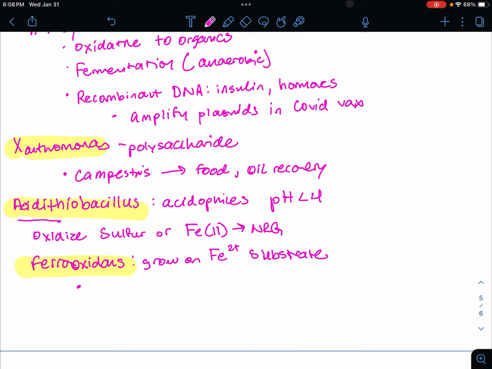We're going to be anaerobic sometimes, so in anaerobic conditions, this bacteria, the ferrooxidans, will be using the reduced forms of sulfur as the electron acceptor.